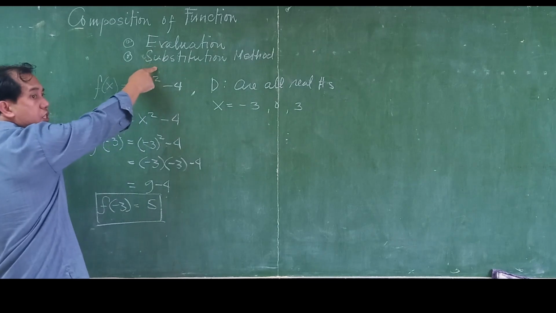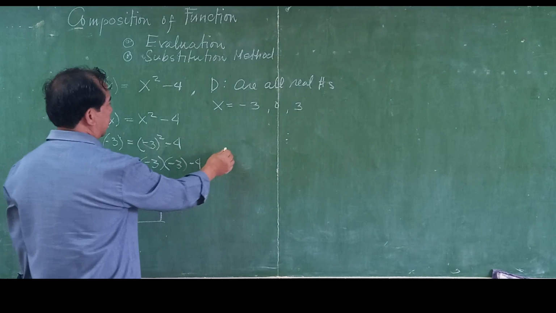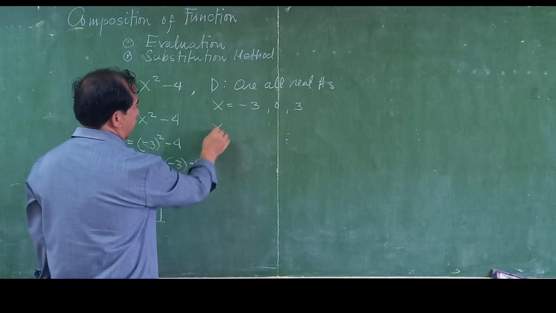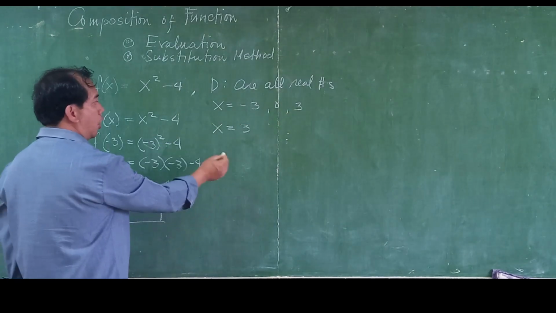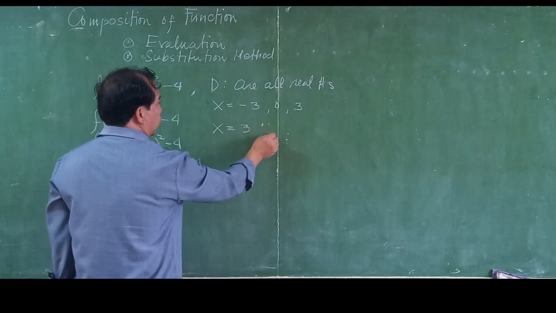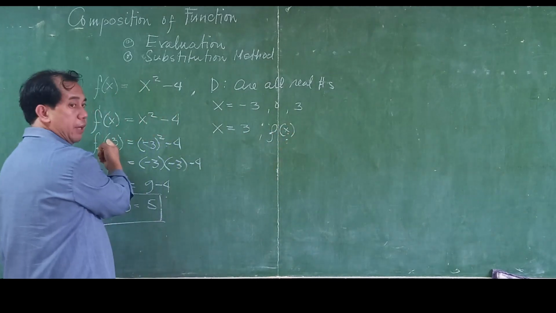That is the idea of evaluation and substitution. What about if we are going to evaluate the x, or x is considered to be positive 3? So what would be the value of f of x? What will you do? You just replace.